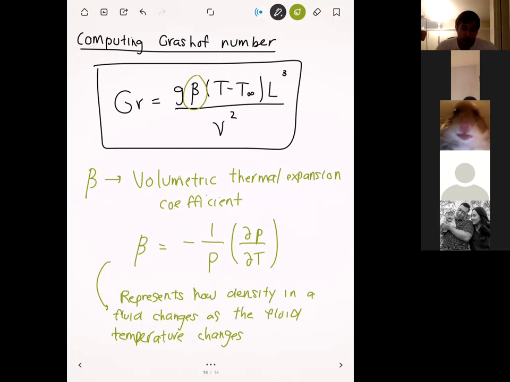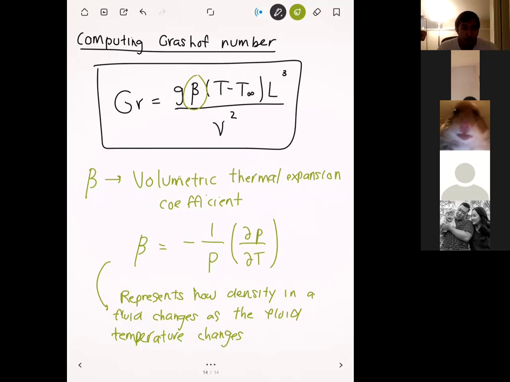Because for most fluids, let's take water for instance. If you want to find the density of water at a certain temperature, there's no formula for it, and there's no way to compute that. The way you do that is you look it up in a table based on what people have measured before.